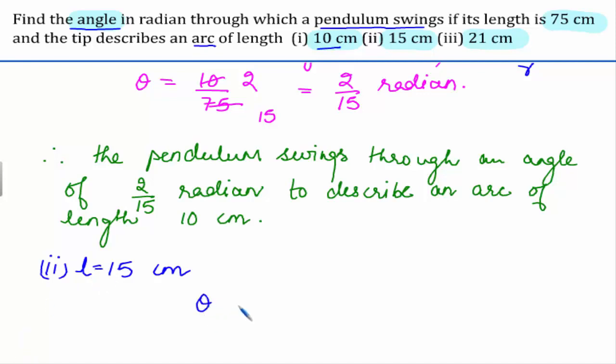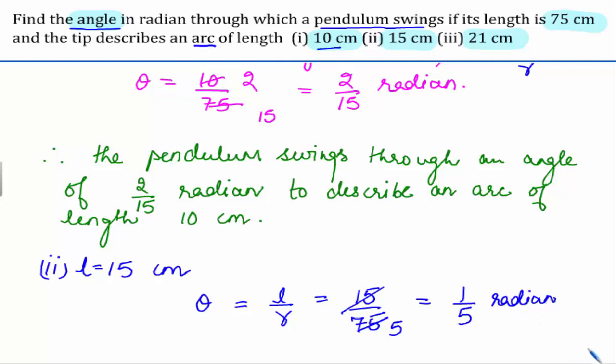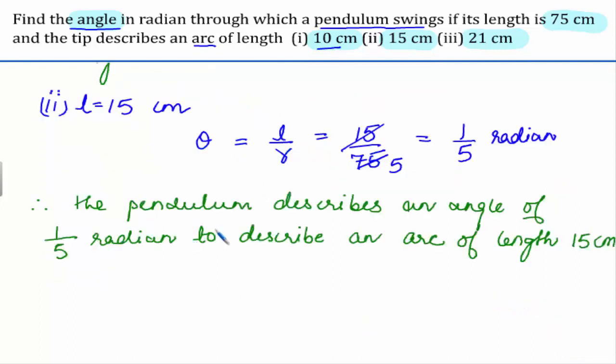We have to find theta, and theta is given by L divided by R. L is 15 and R is 75. 15 5s are 75, so this is equal to 1 upon 5 radian. Therefore, the pendulum swings through an angle of 1 upon 5 radian to describe an arc of length 15 centimeters.